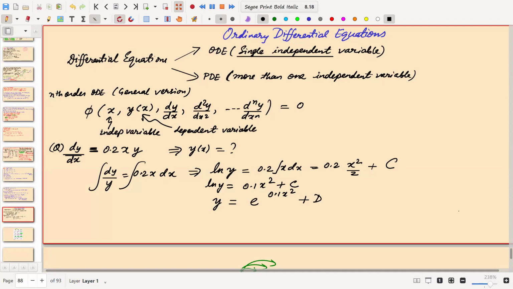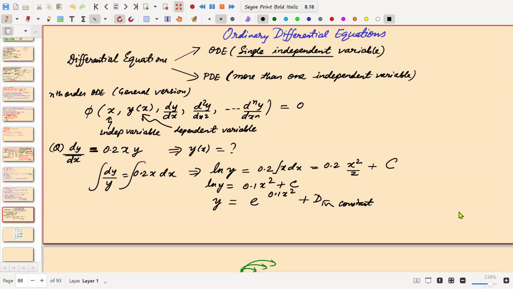So this is your equation, and this is the constant you are looking for. Now, a very important question I would like to ask everyone: what are the solutions for this?